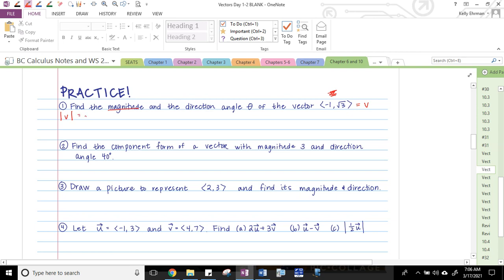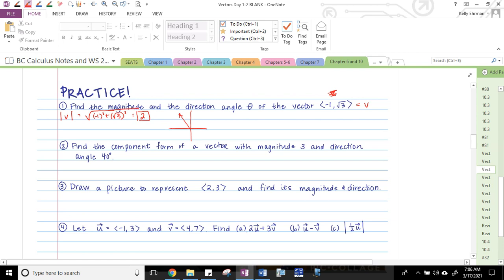The magnitude of v is the square root of (-1) squared plus radical 3 squared. So its magnitude is the square root of 1 plus 3, square root of 4, which is 2. Magnitude is 2. What about the direction? If it helps you, you could sketch the angle. I think it's helpful. Plot the point (-1, radical 3). It would be over here in quadrant 2 somewhere, right?